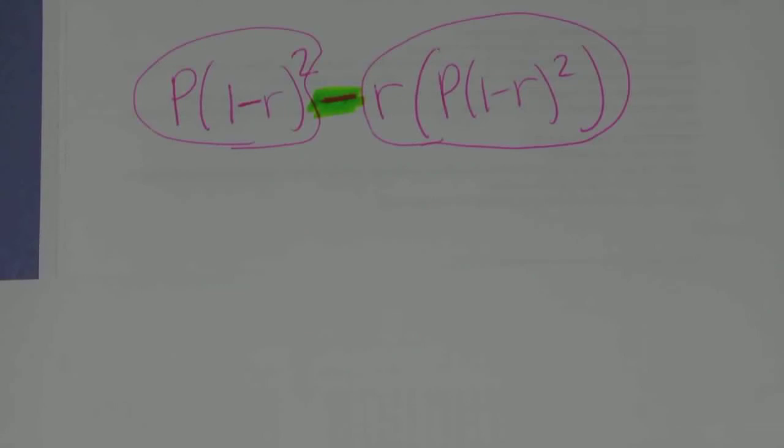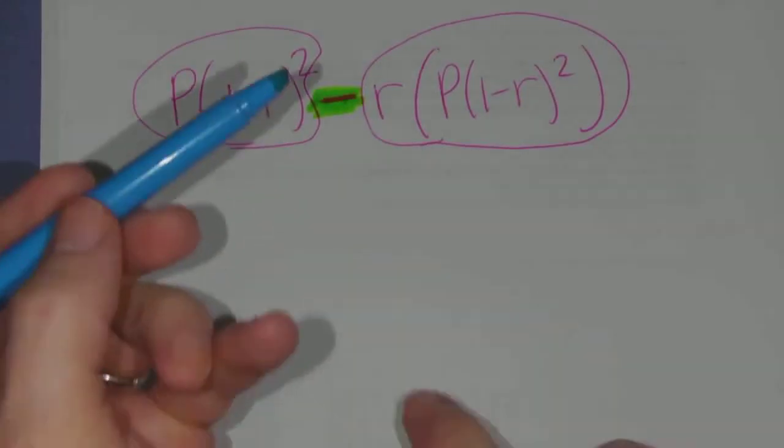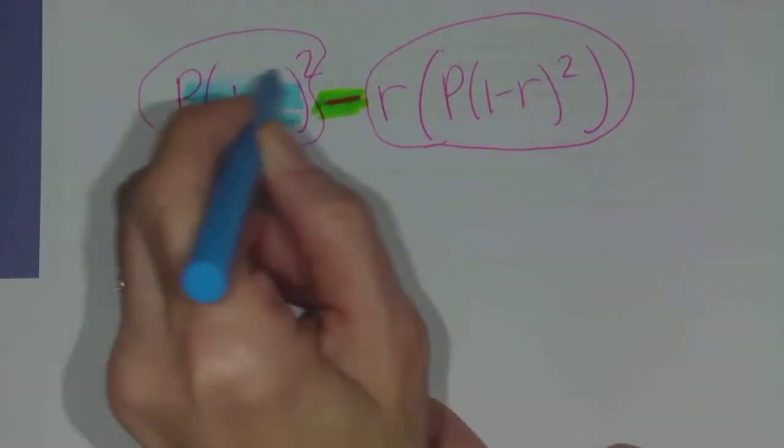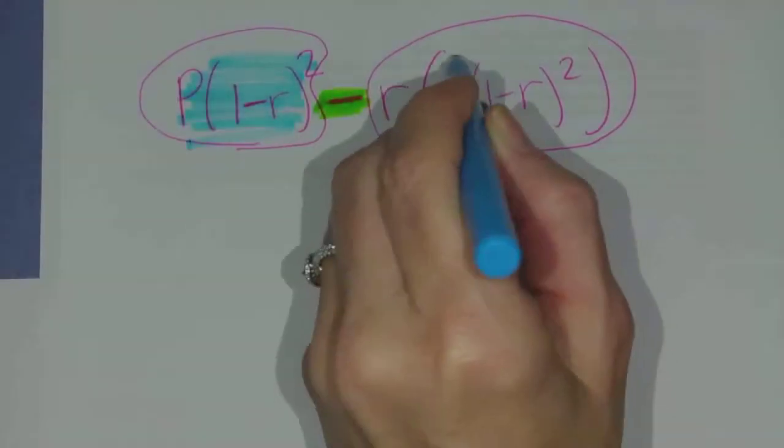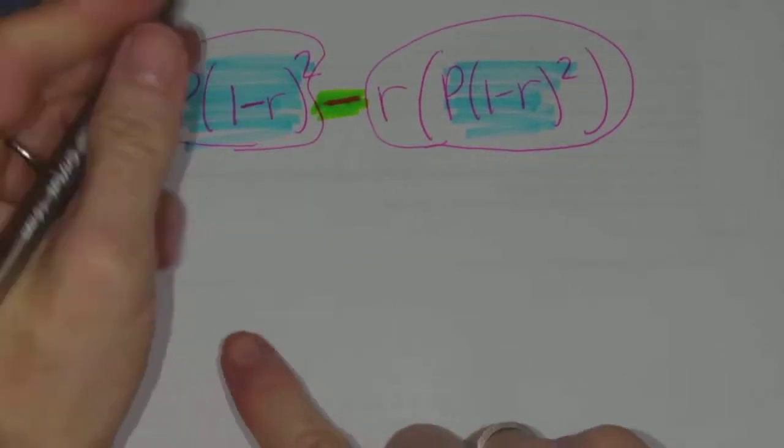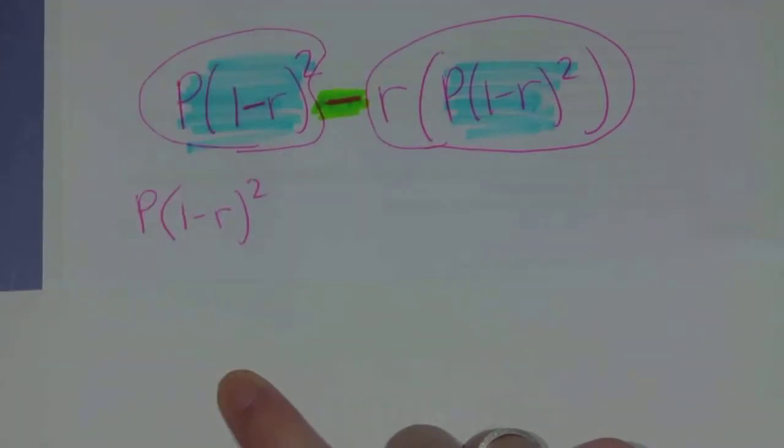So it's a candidate for factoring by grouping because this guy right here matches this guy right here. And so the common factor is P times 1 minus R, quantity squared.